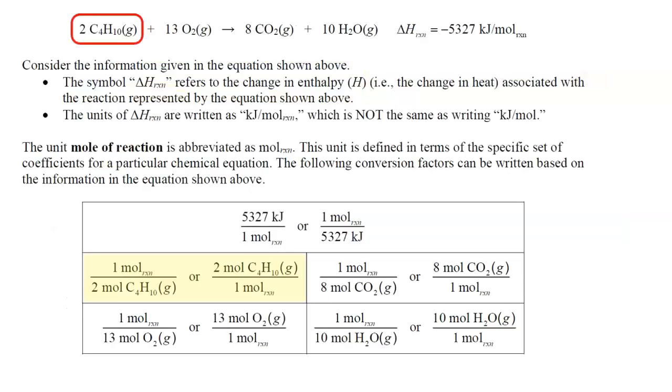So back in my video for topic 6.6, I was using this equation on this slide as an example, that there's 1 mole of reaction for every 2 moles of C4H10, or there's 1 mole of reaction for every 13 moles of O2, 1 mole of reaction for every 8 moles of CO2, 1 mole of reaction for every 10 moles of H2O.